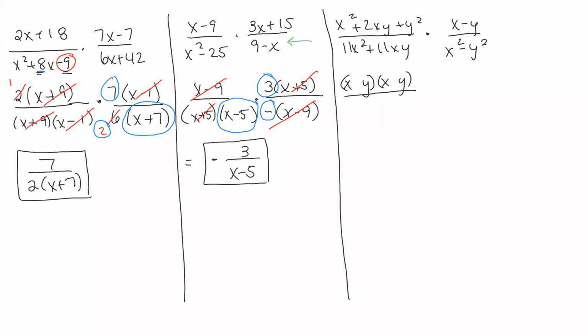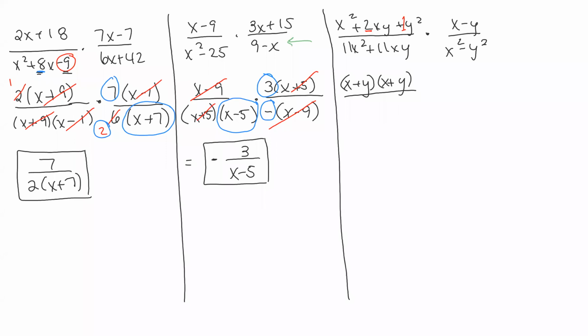And then we look for factors. We're looking for factors of 1 that add up to 2. Well, the only factors of 1 are 1 and 1. So we're going to go x plus y, x plus y. So x squared plus 2xy plus 1y squared factors into x plus y times x plus y.